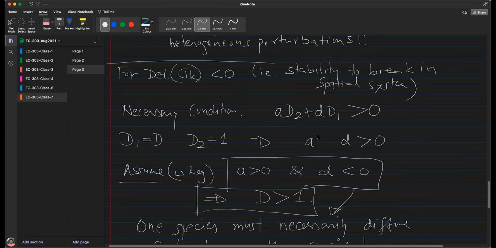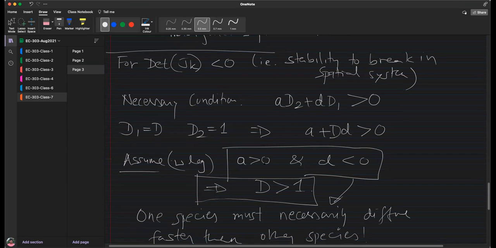So I'll still keep this maybe AD. No. I can write this as A plus DD. Okay. A greater than 0, D less than 0.